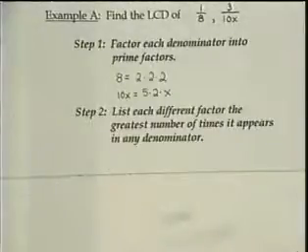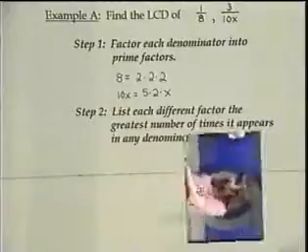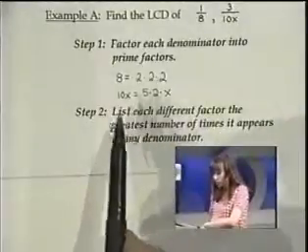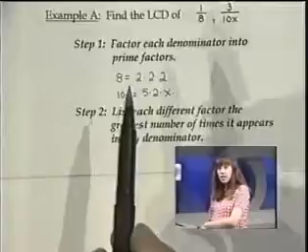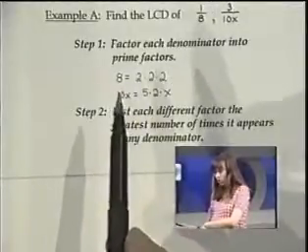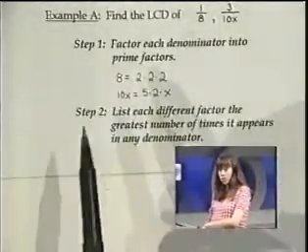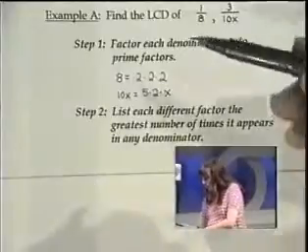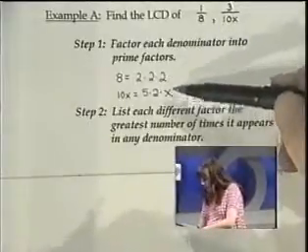That says list each different factor the greatest number of times it appears in any denominator. So what does that mean? Well, that means take each factor. We'll start with the factor 2. What is the greatest number of times that 2 appears in either of those two denominators?